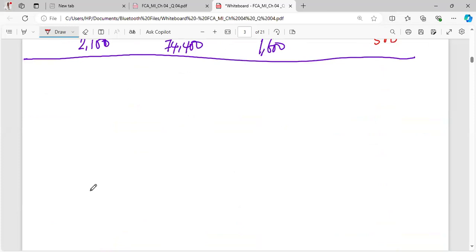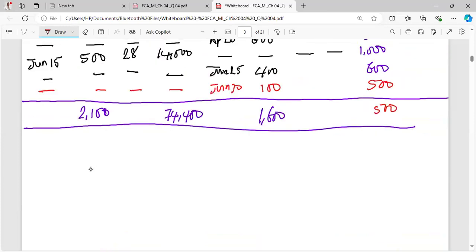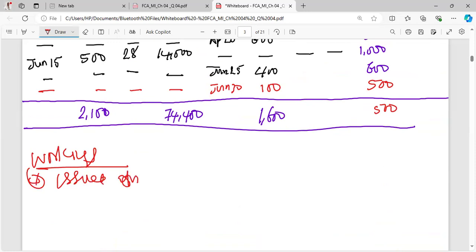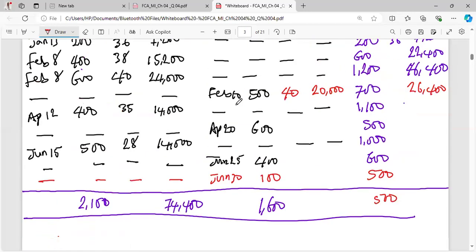So we'll do it down here. It's workings. Issued on April 20, 600.